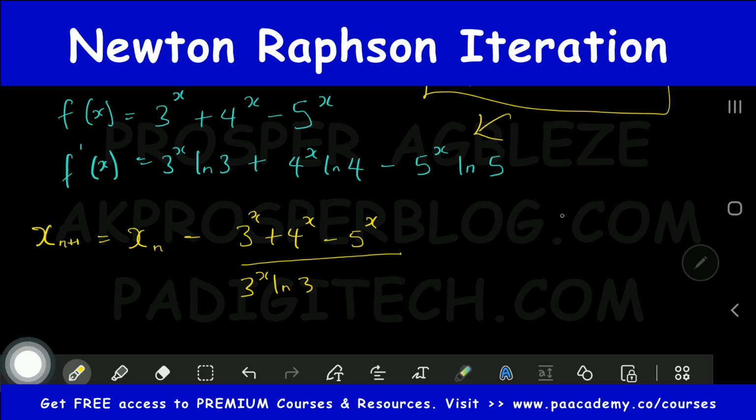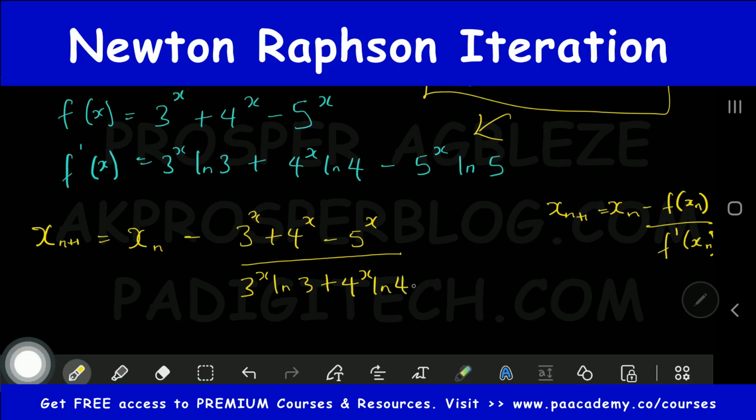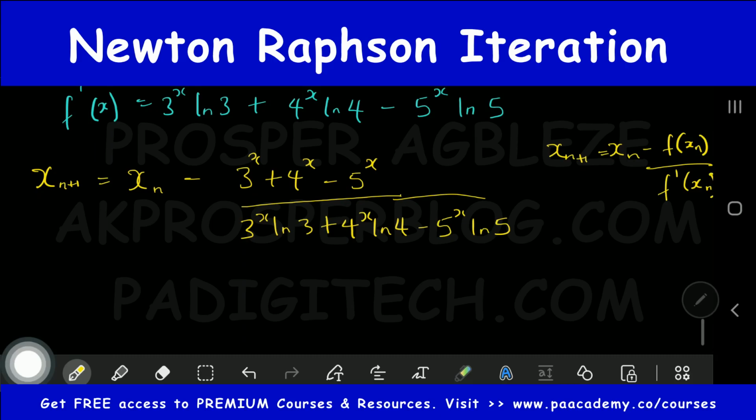Maybe I should write out the equation on the side again, just in case you didn't watch the first part: x_{n+1} = x_n - f(x_n)/f'(x_n). So what's happening here is we are having f(x) over f'(x). Now let's start the iteration process.